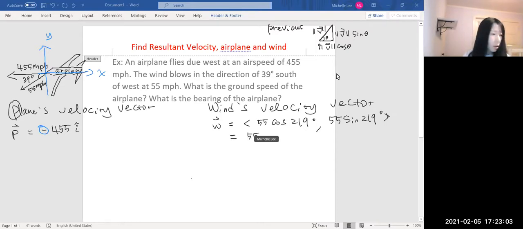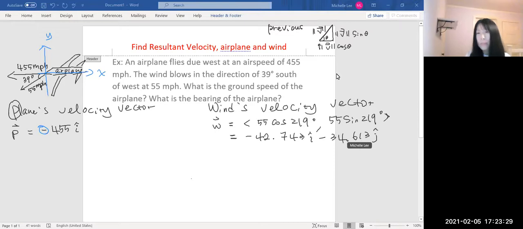Let me calculate. I get negative 42.743 i, then the second one is negative 34.613 j hat.